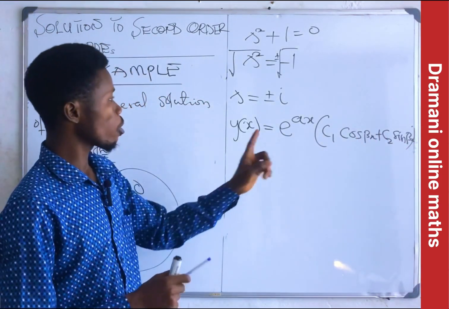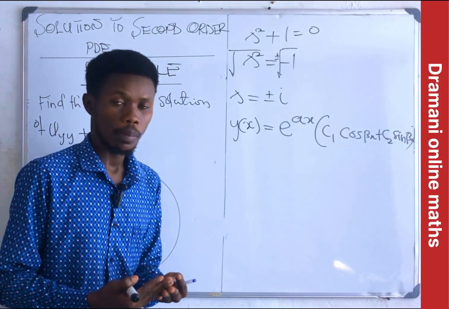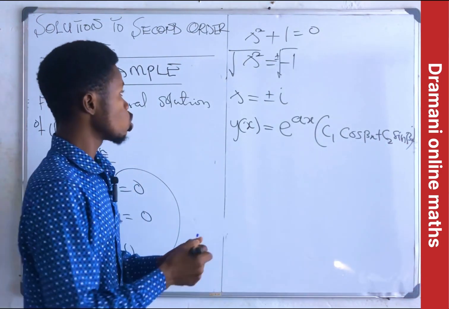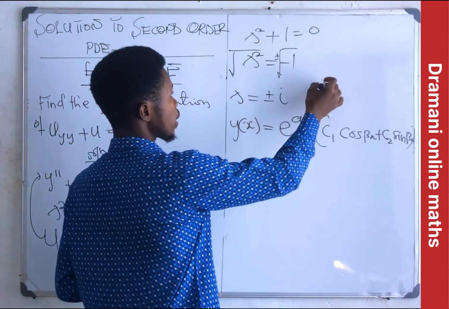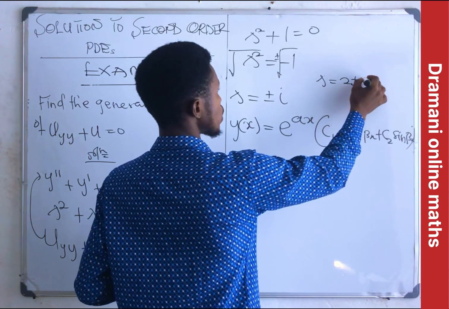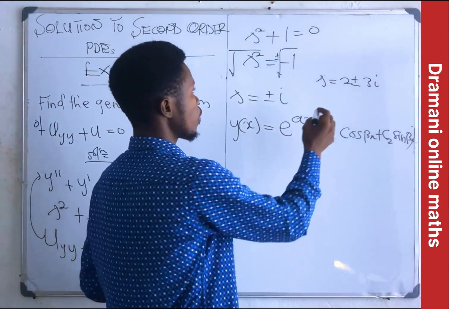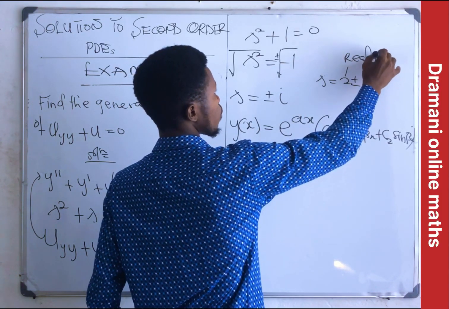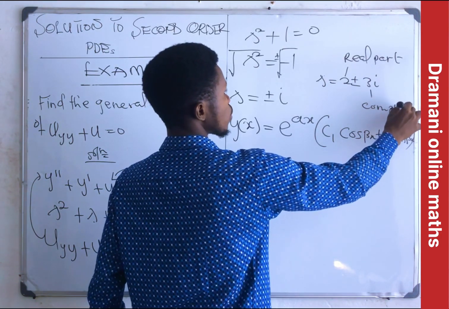Somebody may ask, where from this alpha, where from this beta? In fact, when it comes to complex numbers, we have the real part and the complex part. So we can solve a question and get something like, let's say, 2 plus or minus 3i. So this one becomes the real part, and this becomes the complex part.